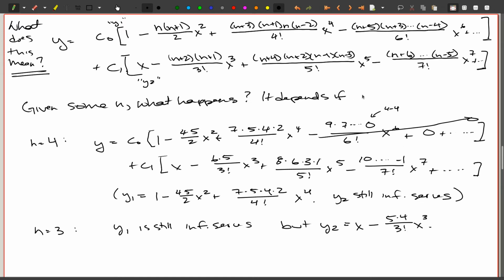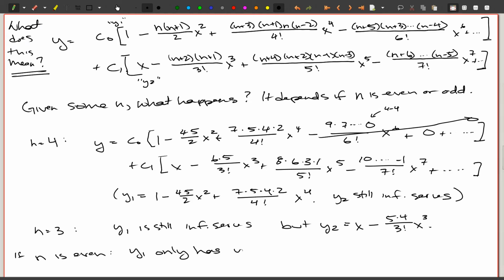So what it depends on is whether n is even or odd. If n is even, what's going to happen is C0's solution, y1, will stop. And we saw here it stopped at the same power as your n, went up to x to the 4.